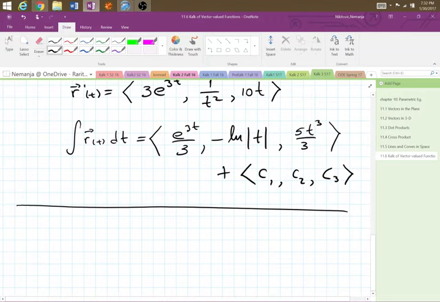Now, I think in this section is this huge definition. Ah, yes, there it is.